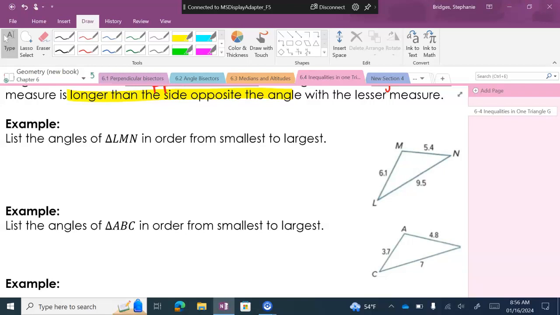MN. Okay, so your smallest angle is going to be the angle that is directly across the triangle from MN. Again, MN is my smallest, because 5.4 is smaller than 6.1 or 9.5. What angle is directly across the triangle from that? L. Okay, so angle L is going to be my smallest angle.